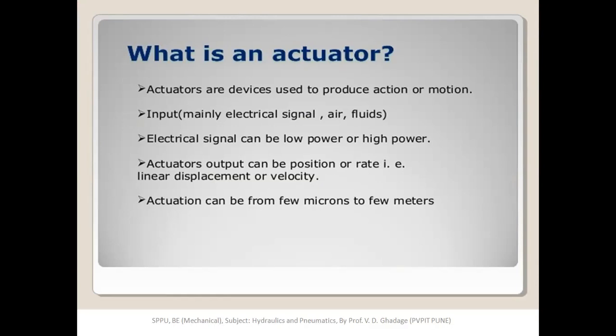Electrical signal can be low power or high power. Actuator output can be position or rate, that is, linear displacement or velocity.